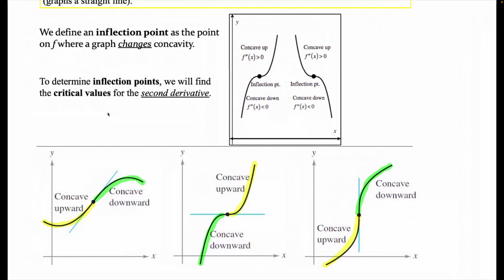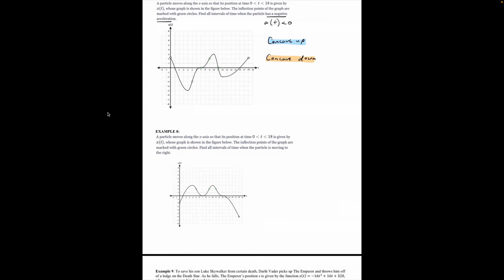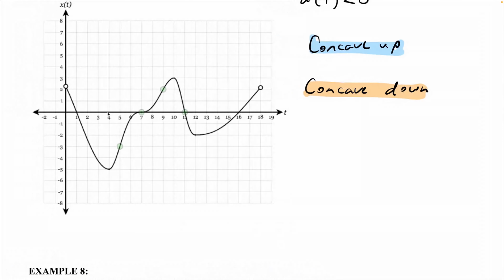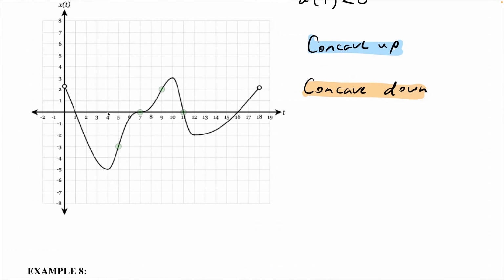That's why all of these guys were inflection points. It changes from one to the other. So that means 5 is when it changes. So they're actually giving us part of the answer. They're helping us with the changes, right? The changes are here, here, the circles.